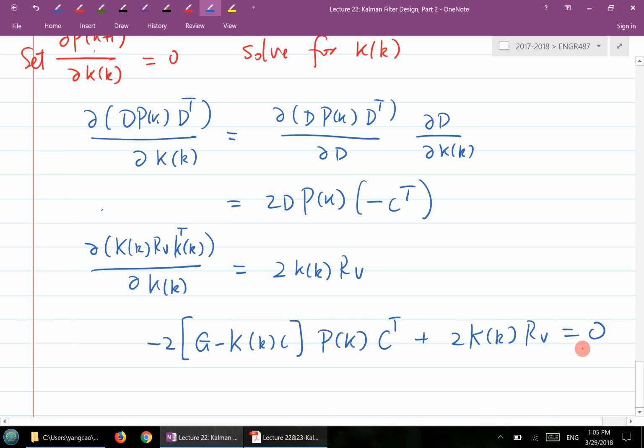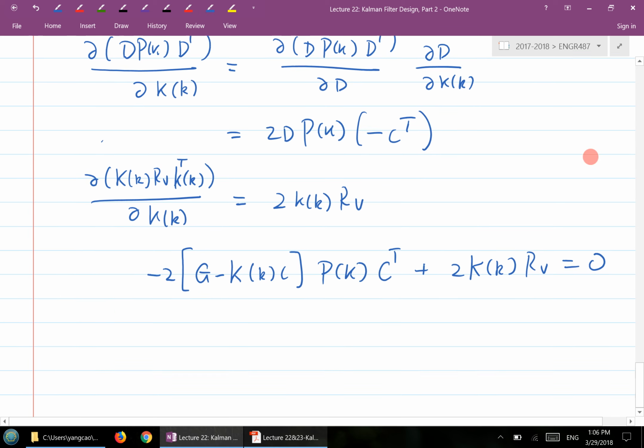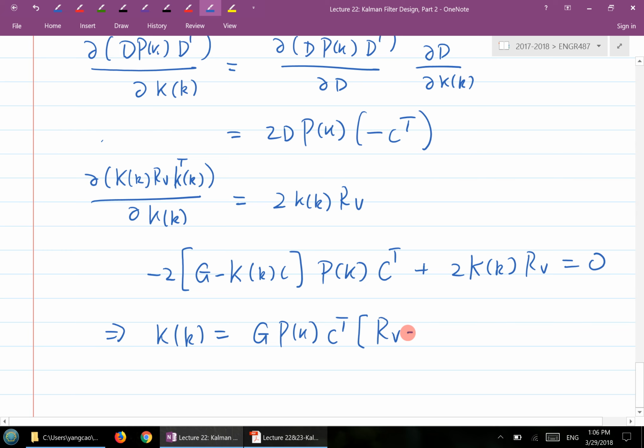My objective is to solve for this k, so you can easily expand everything, put the k terms together, and then do an inverse. The k here is equal to G times P of k C transpose, times Rv plus C P of k C transpose, inverse.